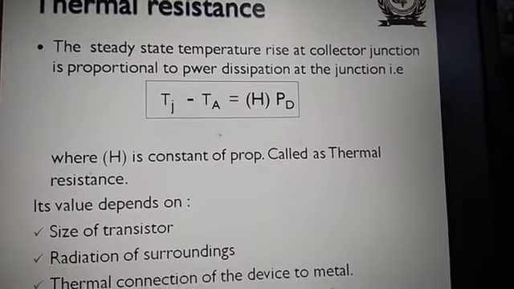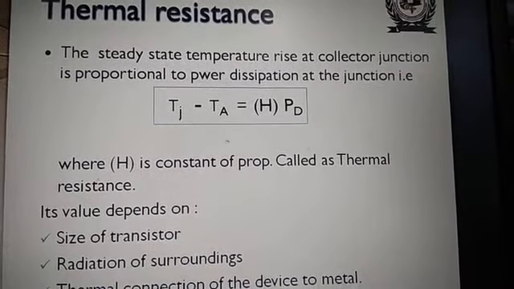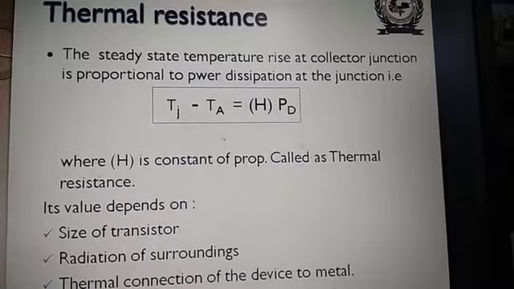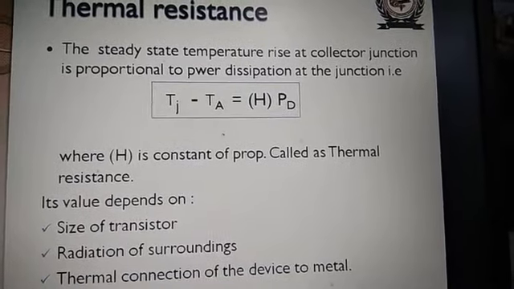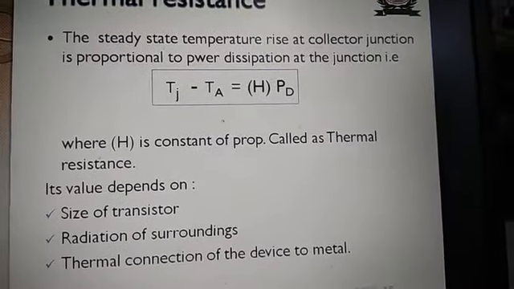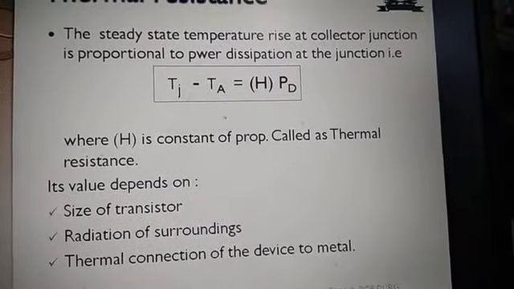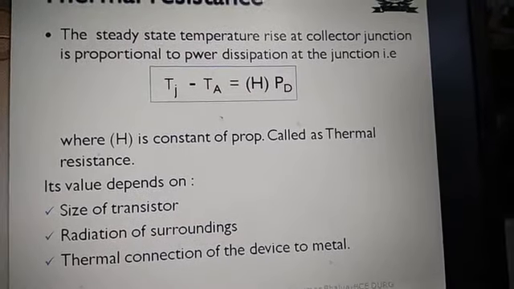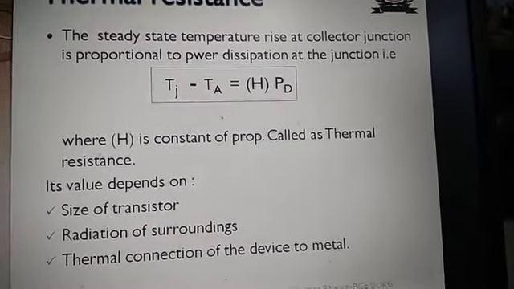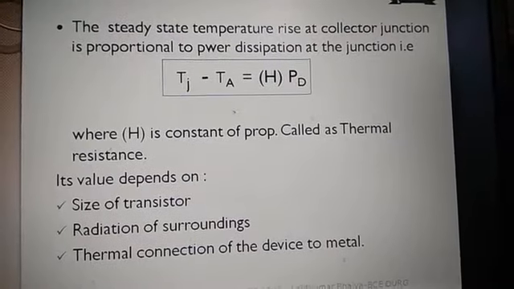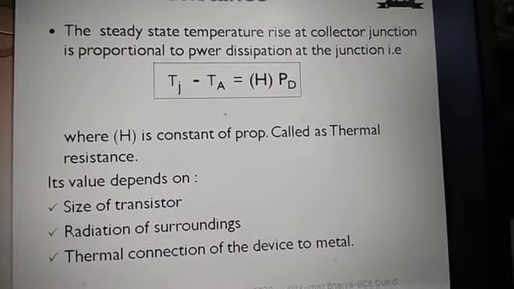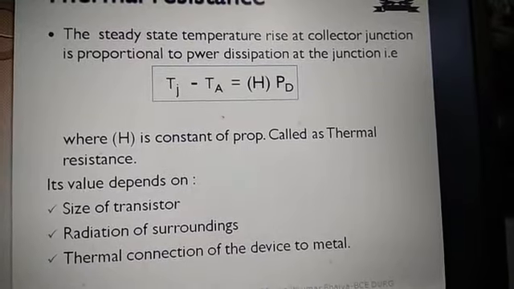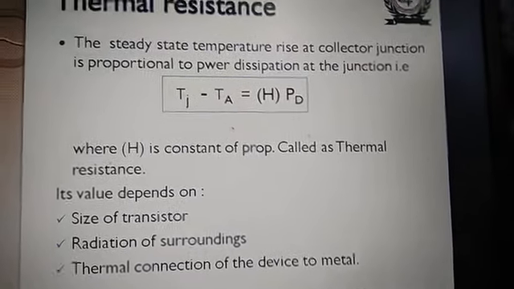Ta is the ambient temperature and Tj is the junction temperature, where H is a constant of proportionality called thermal resistance. In place of H, you can write RT also, thermal resistance. Its value depends on size of transistor, radiation of surroundings, and thermal connection of the devices.